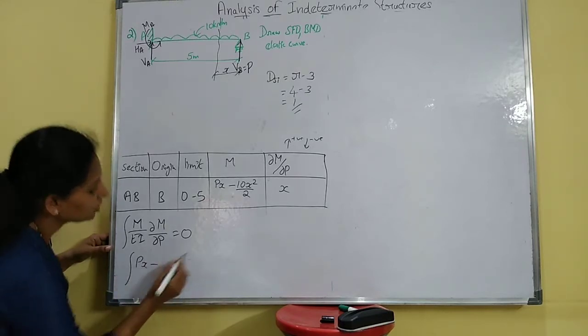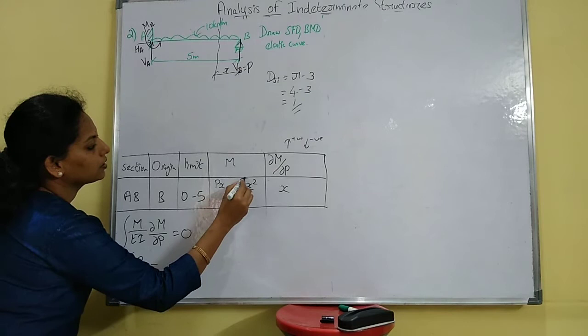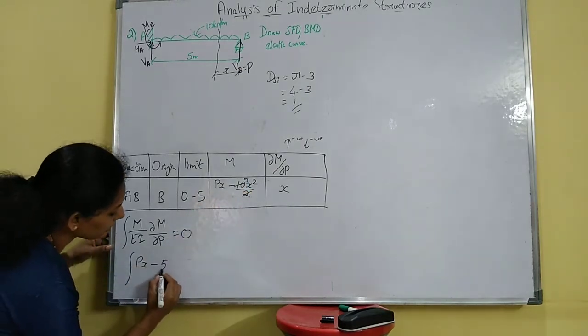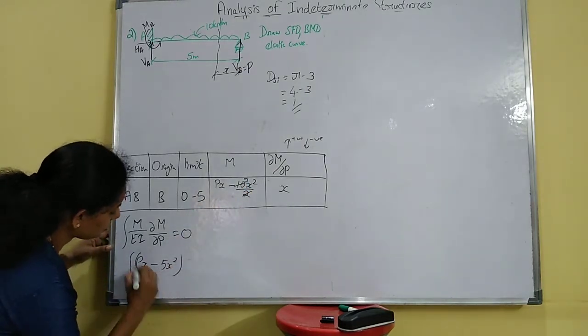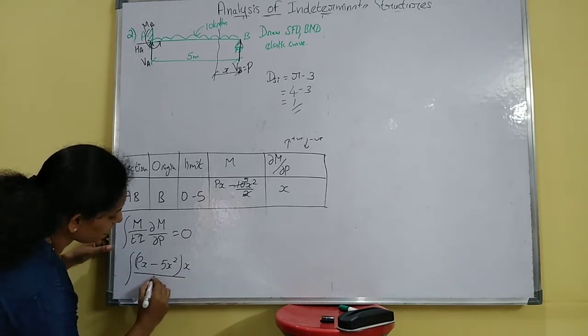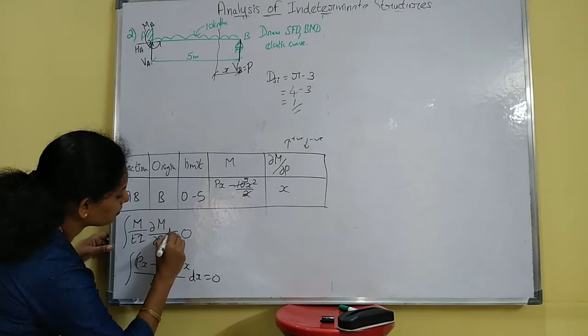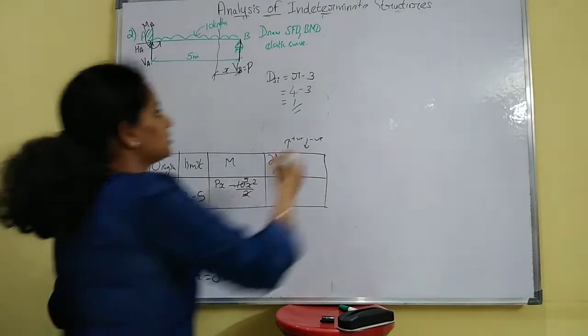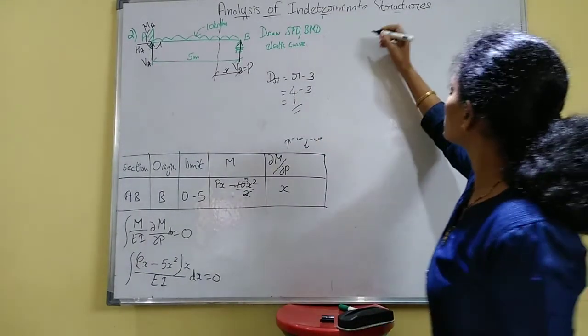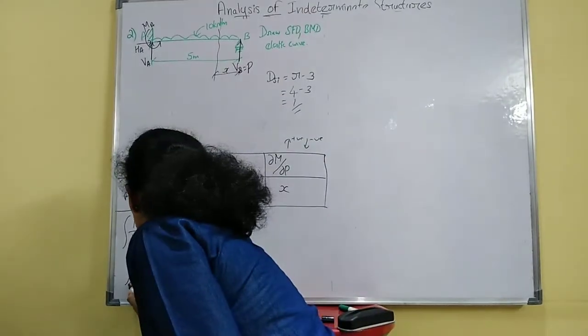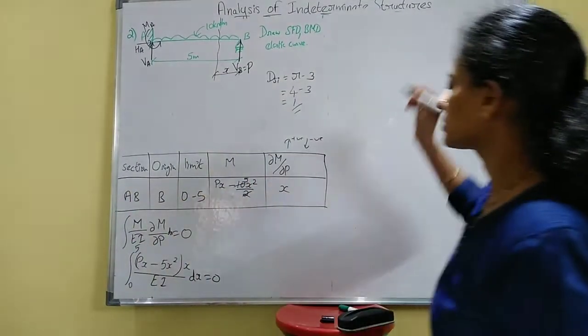So 2 ones are 2, 5s are, so minus 5x square into x divided by EI dx equal to 0. Just simplify it. You will have the limit 0 to 5.